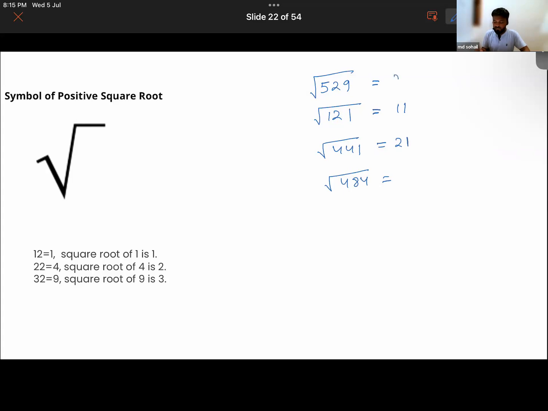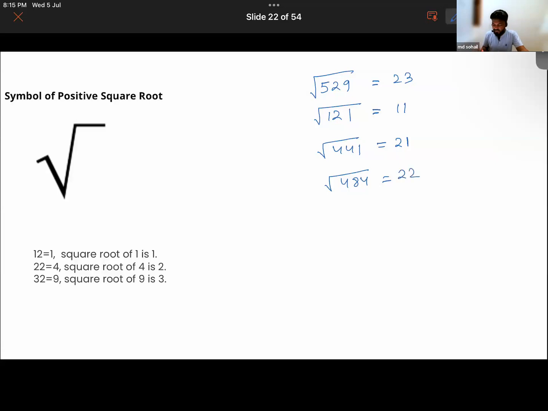Okay. What about the fourth one? Second one is 11. Sir, the last one is 22. Yes, 22. That is 22.